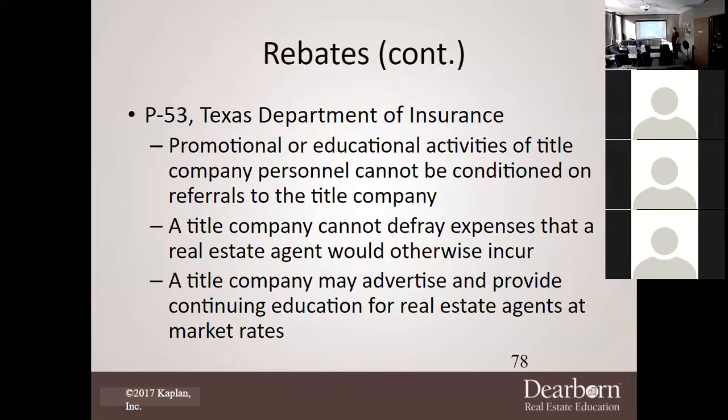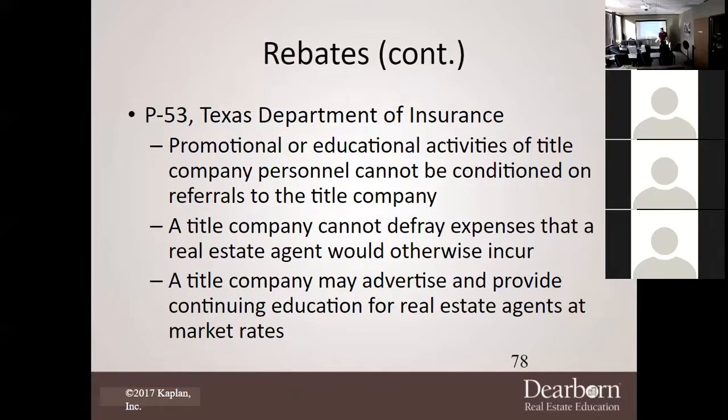There cannot be conditions. A title company cannot defray expenses that a real estate agent would otherwise incur, and a title company may advertise and provide continuing education for real estate agents, but they have to actually be paid for. They cannot simply come up here and say, okay, guys and gals, I'm a title company and I'm offering free education to you.